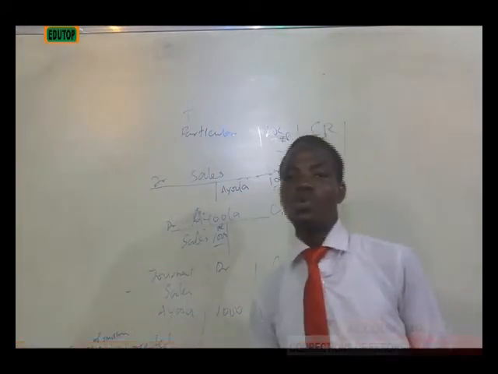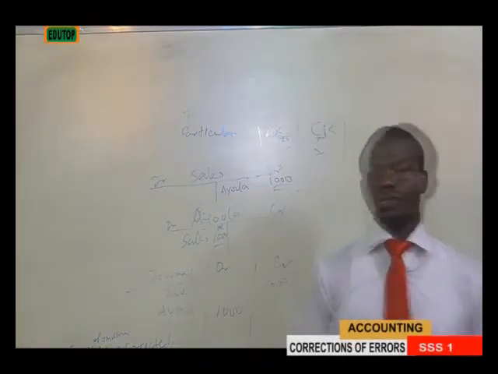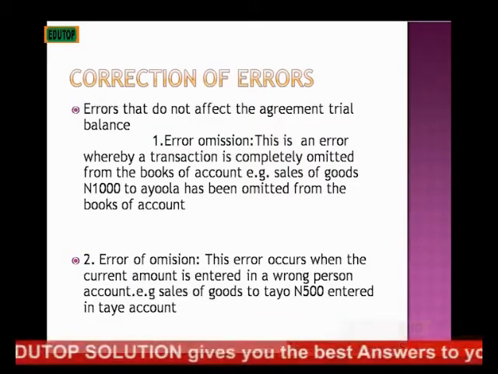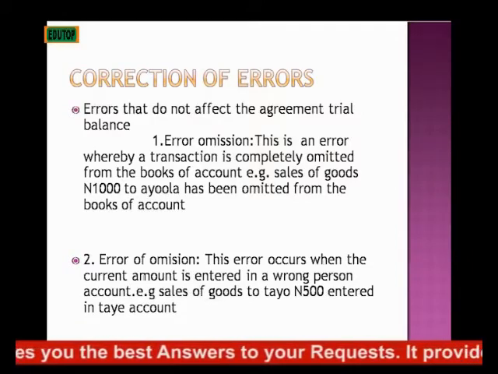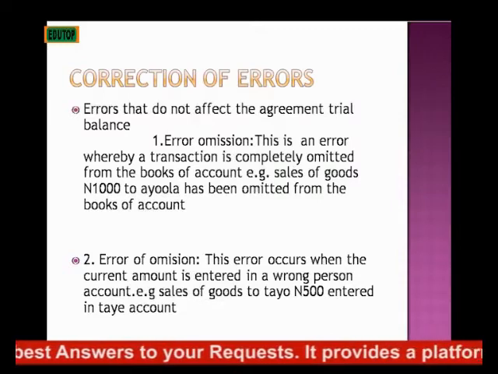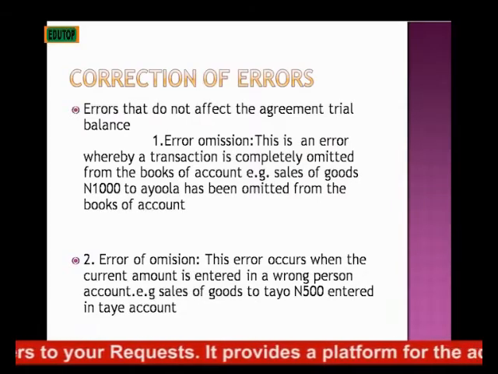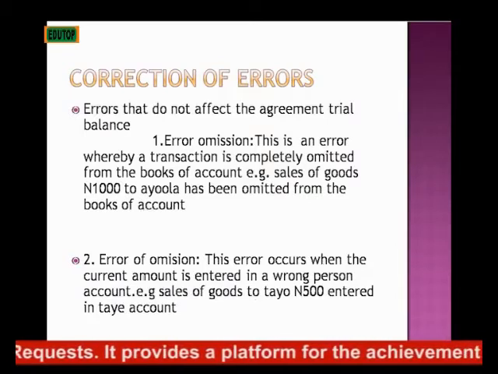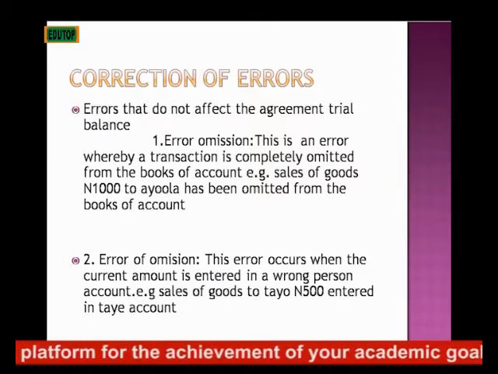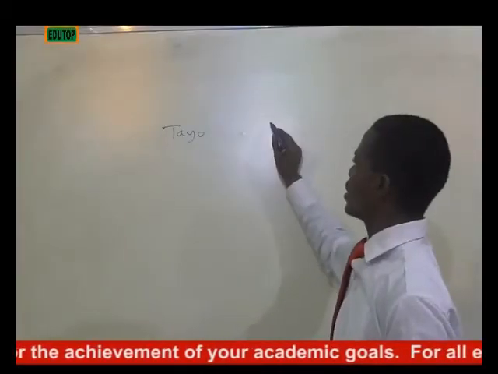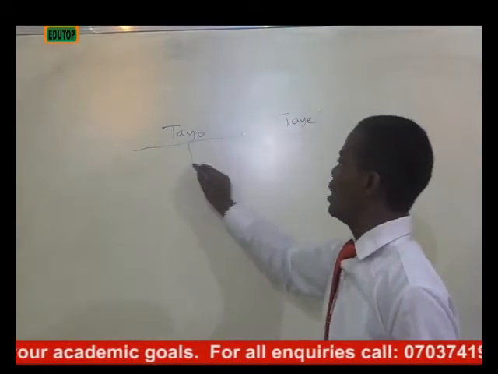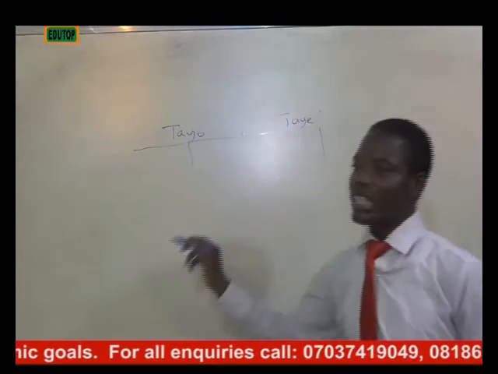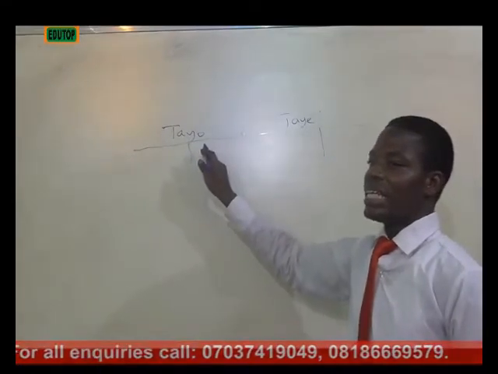Now, we'll go to error of commission. This error occurs when the correct amount is entered in a wrong person's account. It's like when you commit one person's amount into another, like sales of goods to Tayo 500 entered in Taye's account.